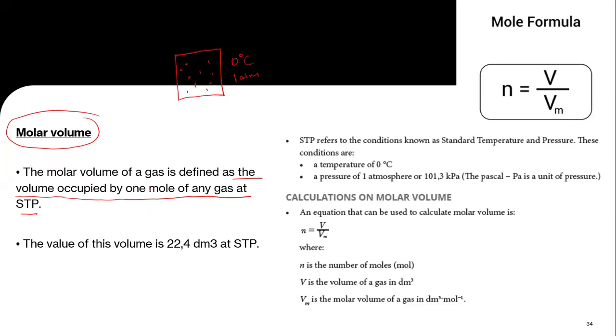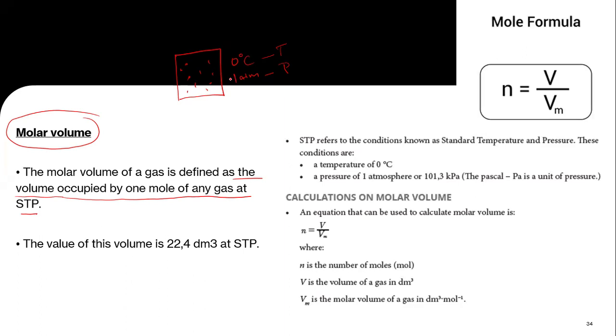That's why here we say the molar volume of gas is defined as the volume occupied by 1 mole of any gas at STP. So 1 mole of this gas at the standard temperature and standard pressure occupies a volume we call the molar volume.